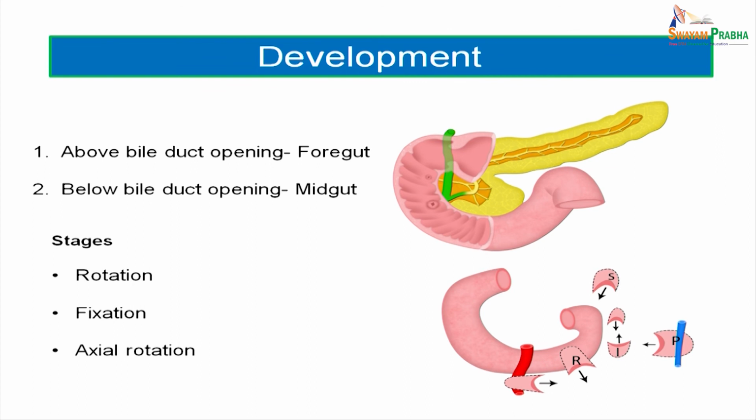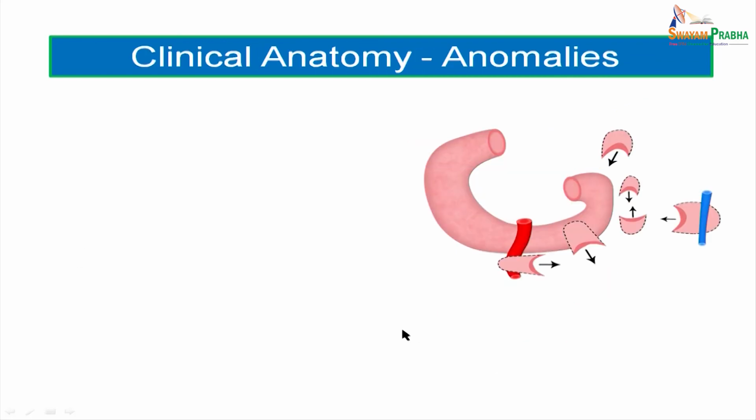Also, during the rotation, the peritoneal lining is getting rotated, resulting in the formation of recesses: the superior recess, the inferior recess, the retroduodenal recess and the paraduodenal recess. These are the usual congenital anomalies in relation to development.